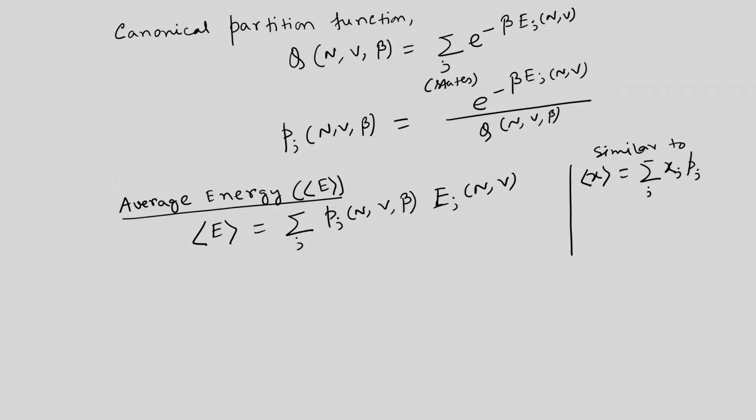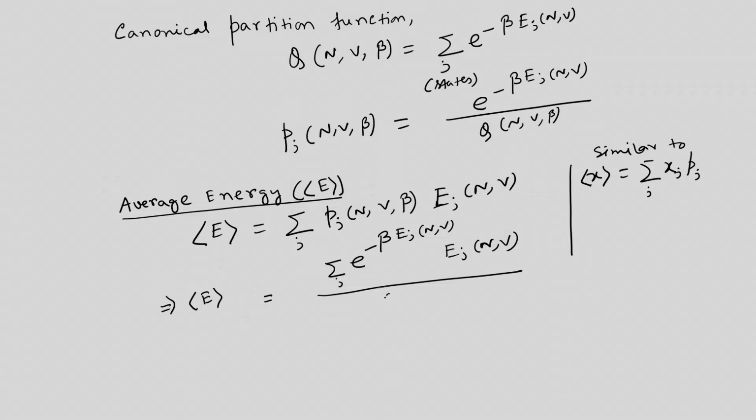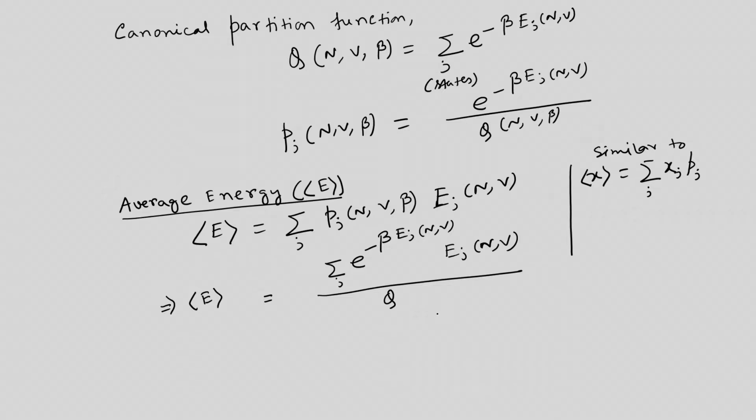Now, if we substitute the value of probability pj, we obtain this expression for average energy. So, average energy is sum over j e to the minus beta Ej times Ej by Q. Call it expression 1.